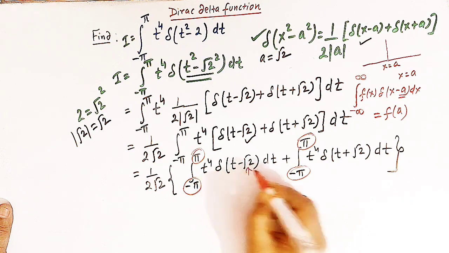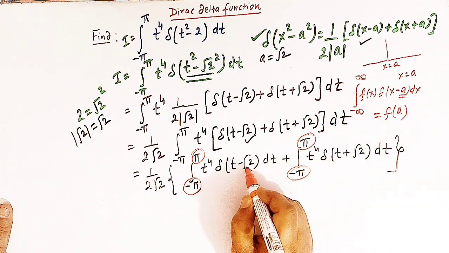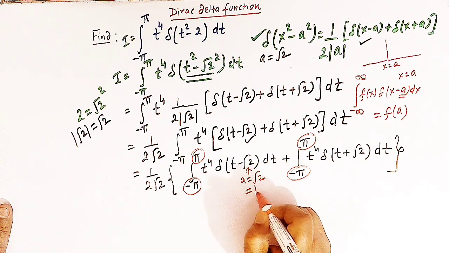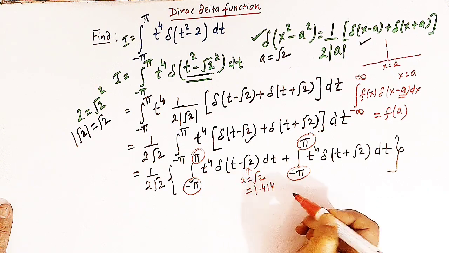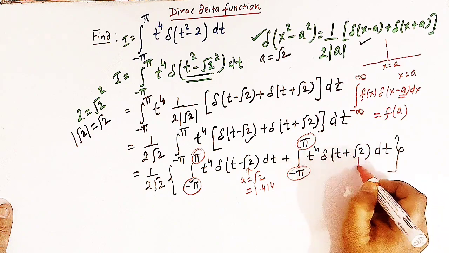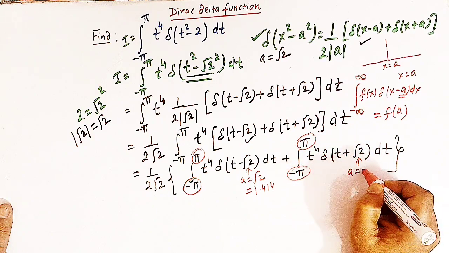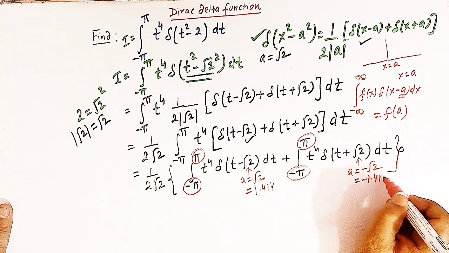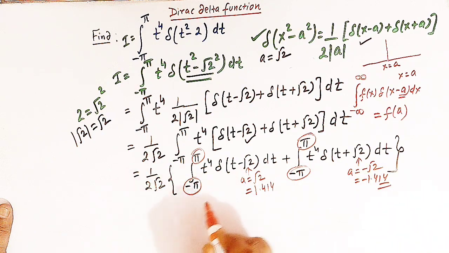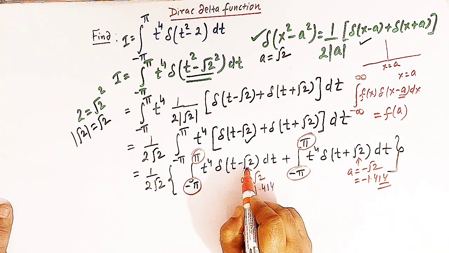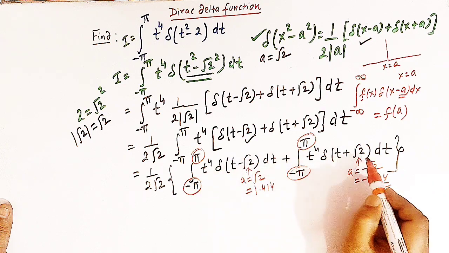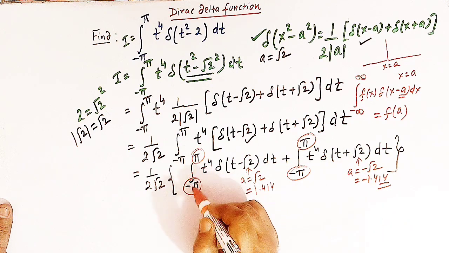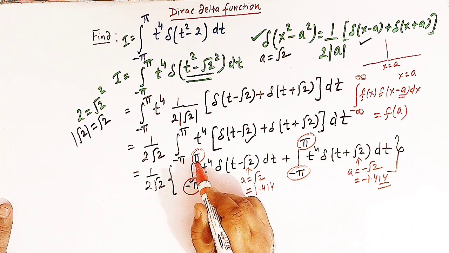So here the value of this a is square root of 2, that is approximately 1.414, right? And here the value of a is given by negative square root of 2, and this is minus 1.414, and we can easily see that these two numbers, that is square root of 2 and minus square root of 2, they fall within these bounds, that is minus pi and pi, right?